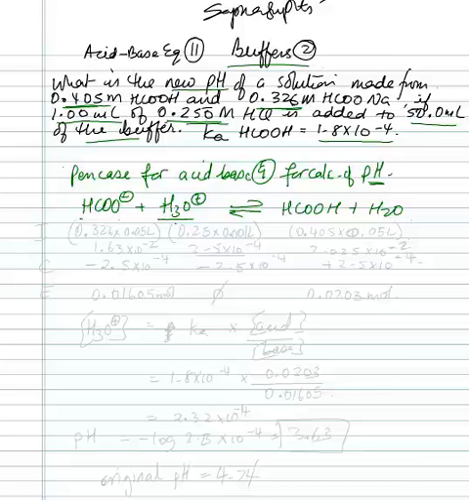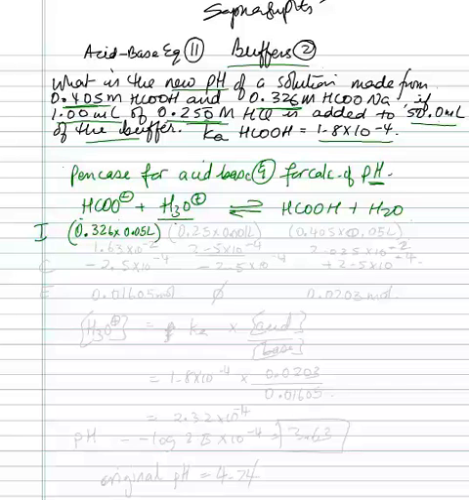0.326 molar. All right, so initial concentrations then of this one, and since the volume is given to us, I'm going to go ahead and calculate the moles over here. And so that is 0.326 times 0.05 liter. That is how much of the buffer we have, and the acid that we have is 1 milliliter of 0.25 molar.